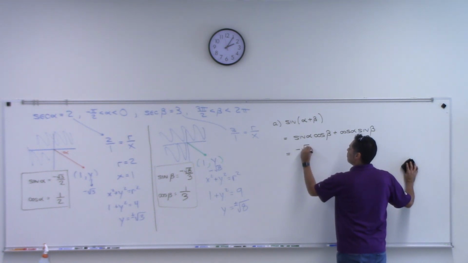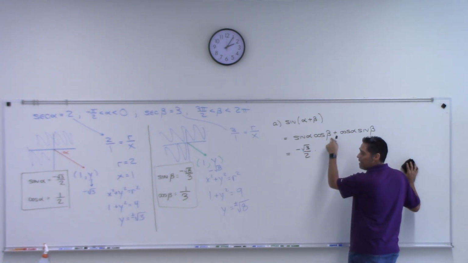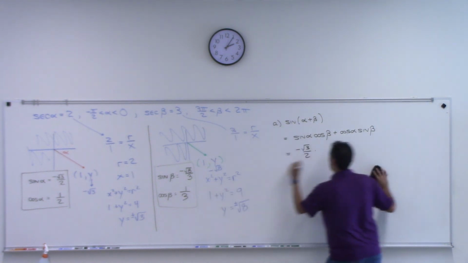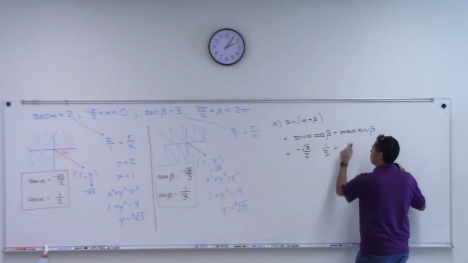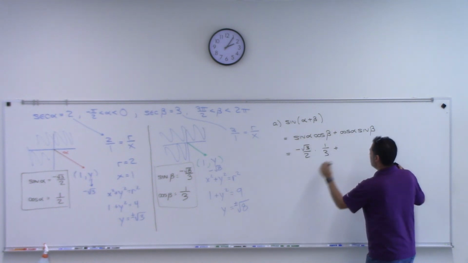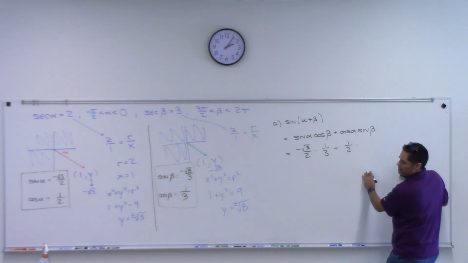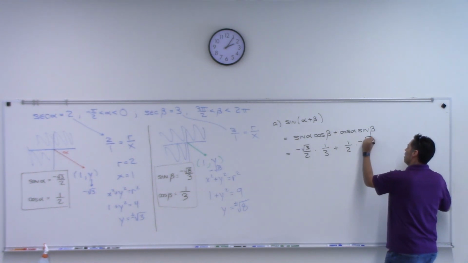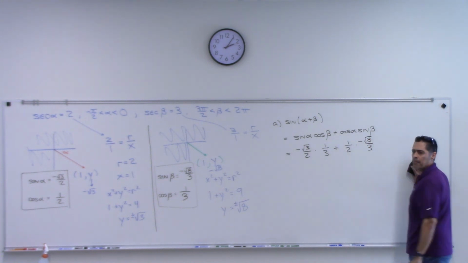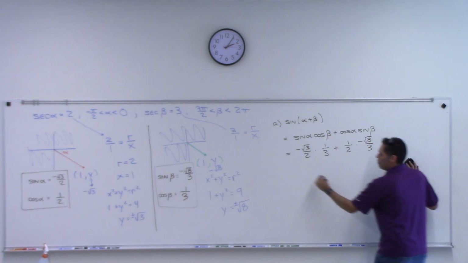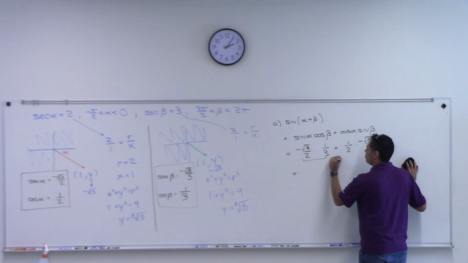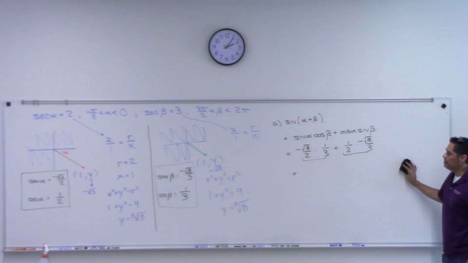All right, sine alpha, here we go. Negative root 3 over 2, cosine beta is 1/3, plus cosine alpha, which is 1/2, and then times sine beta, which is negative root 8 over 3. Order of operations, these two, then add, right?